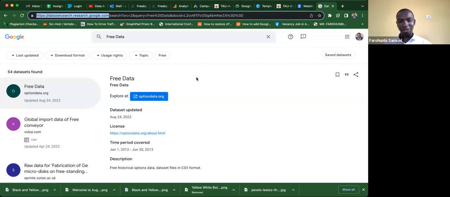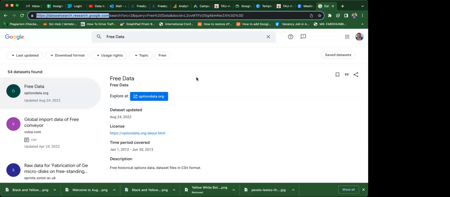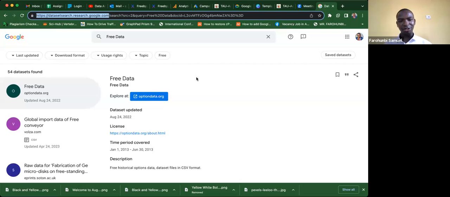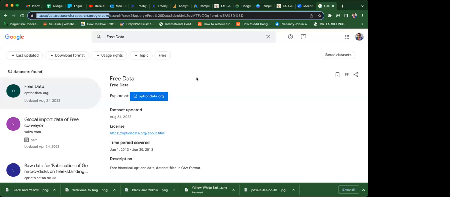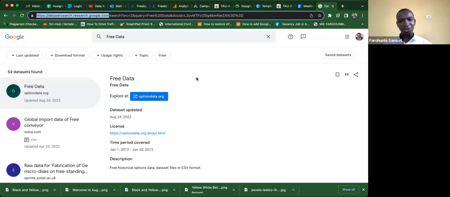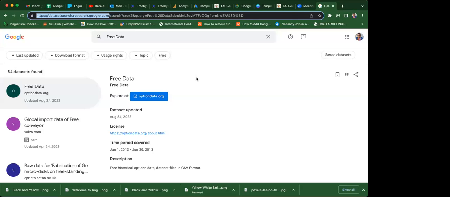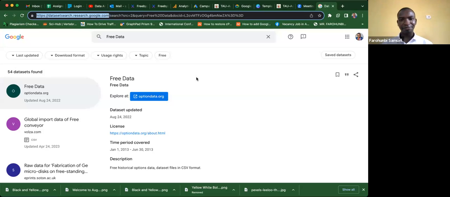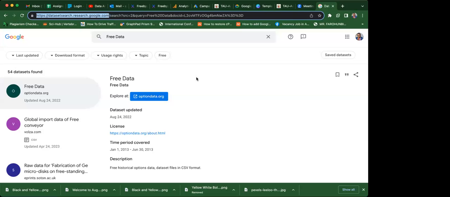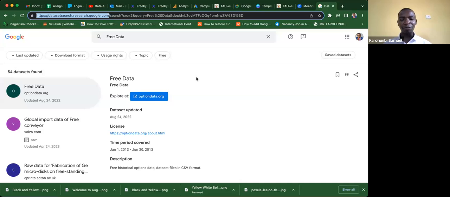If you want to use Google Sheets, go to sheets.google.com, or you go to your Chrome, log into your Google account, then go to the menu bar and type in Sheets or search for Sheets.